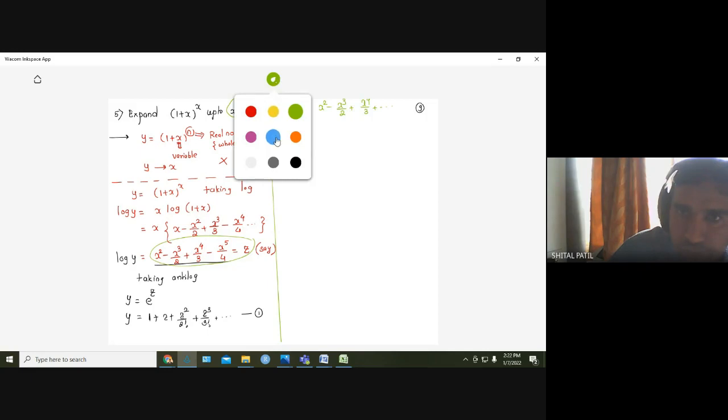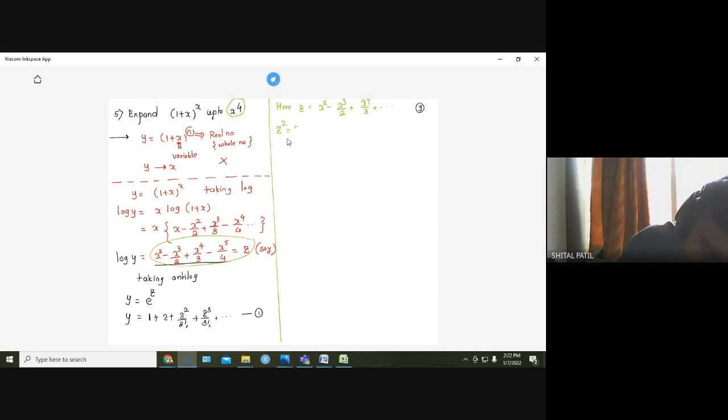Z square equal to z into z. Or use your own method, no problem. It's not required that whatever I'm writing, only you have to follow that. Usually in mathematics, there are alternate methods and you can use any method. There is no problem.